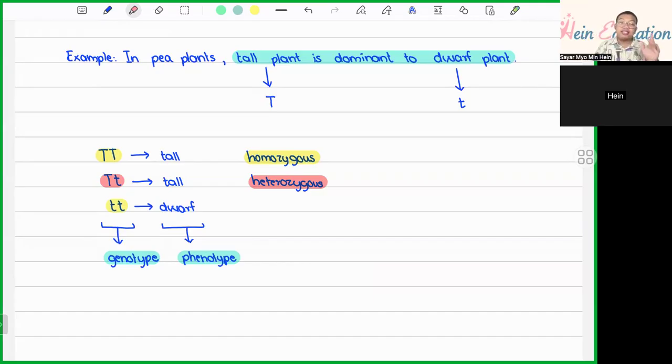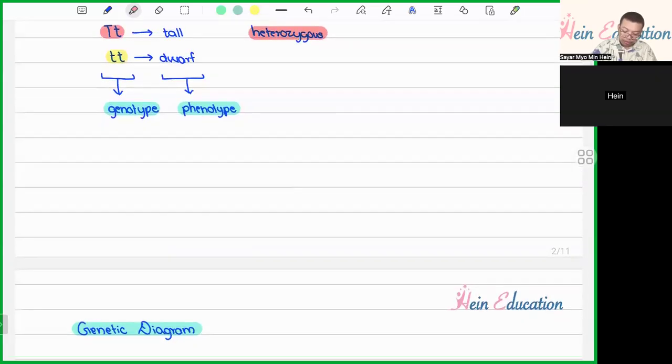If they have the same alleles, capital T capital T or small t small t, that would be homozygous. And if it is capital T small t, that would be heterozygous. I hope you get the main important definitions of inheritance, right? After you understand this, the inheritance part will be very easy.